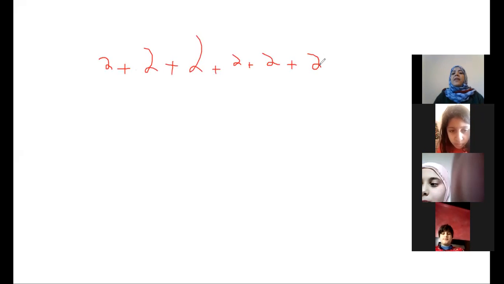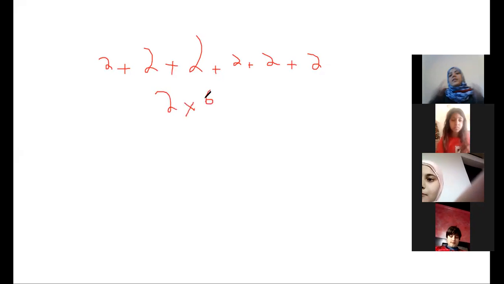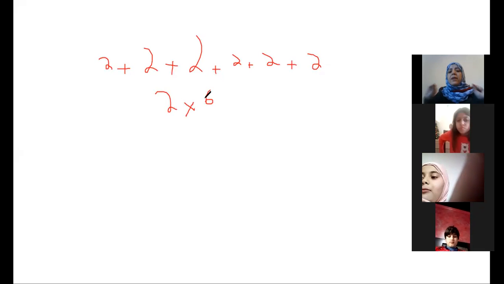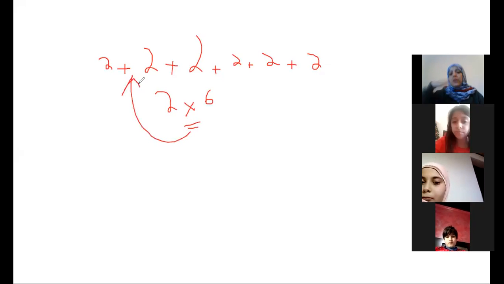How can I replace it by just one operation? 2 times 6. Exactly. So instead of adding the 2 six times, I just replace it by 2 times 6. So instead of having a lot of addition, I just replace it by multiplication.